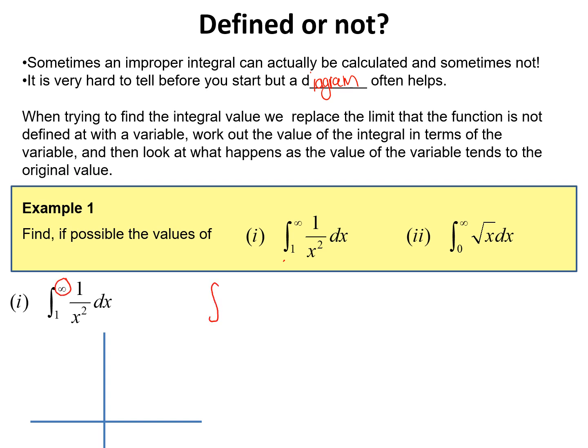I always choose P. Don't know why, I like P. So replace the infinity with a P, and then we go for it. Right, that's the same as trying to integrate x to the -2. So that's add 1 to the power, divide by the new power.